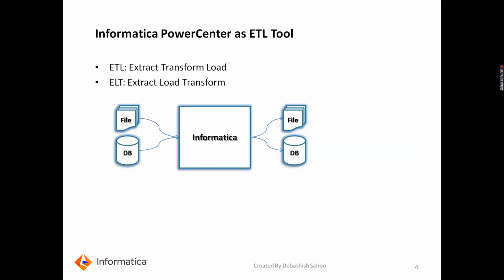When we say extraction, transformation, and loading, we extract the data from the source end, apply some logic to it, and then load it into the target. That is called ETL. Think about it like this: we have various source systems and various file systems. We take the files directly, apply the business logic on top of them, and load the data to our target end as per our requirement. We call that an ETL tool, and we can use Informatica to perform that task.